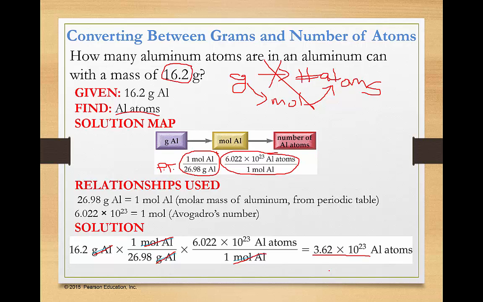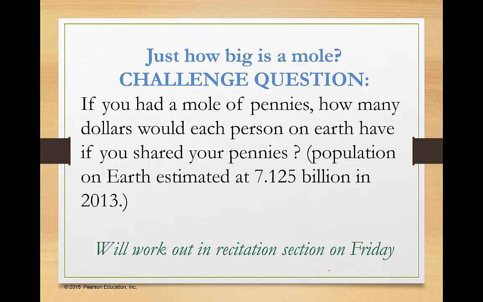All right, now I said that we were going to have a challenge question to look at how big a mole really is. Here's your challenge question coming up. If you had a mole of pennies, so Avogadro's number is 6.022 times 10 to the 23rd, how many dollars would every person on Earth get if you shared those pennies with them? The other piece of information you'll need is the population of Earth.